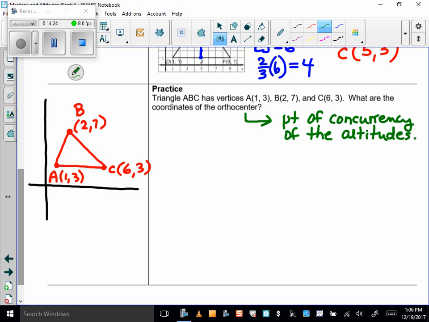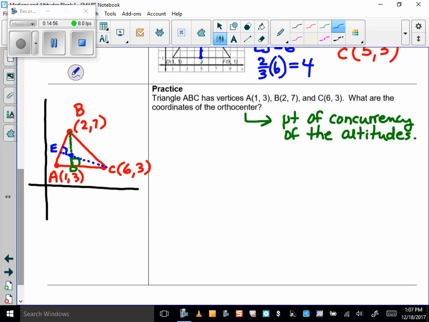Let's drop one right here. Here's an altitude. There's an altitude, right? So from B, I'm going to label that point D. And then I need one more, right? I need to draw in one more, and then I need to find their point of intersection. So how about that? Looks about right. I'll call that point E.